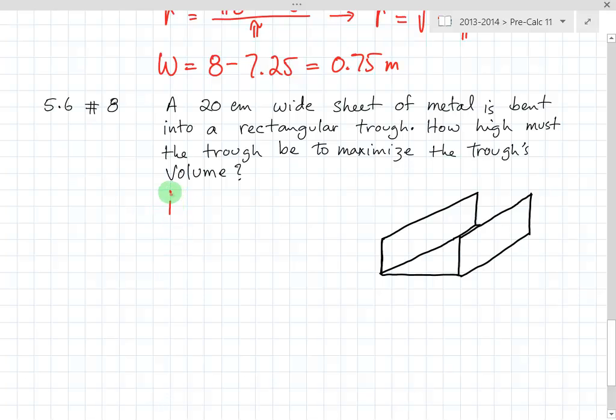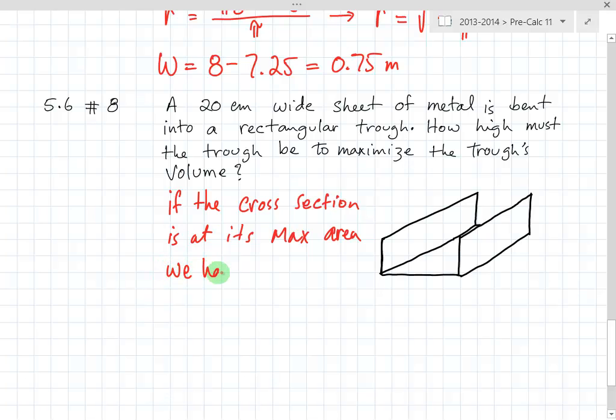So if the cross section is at its maximum area, we have the maximum volume for the trough.